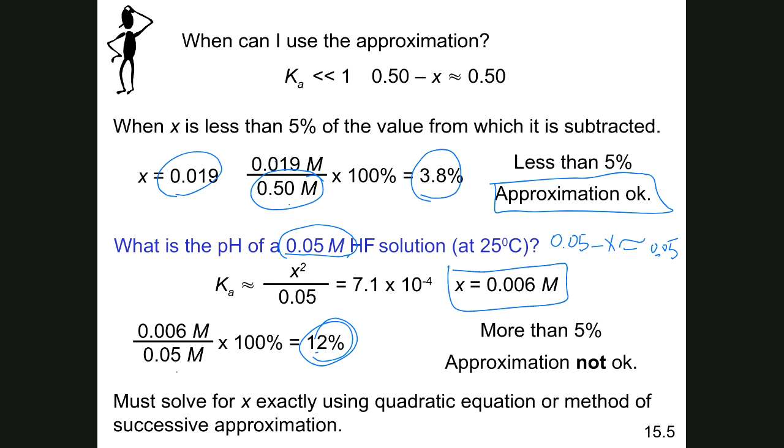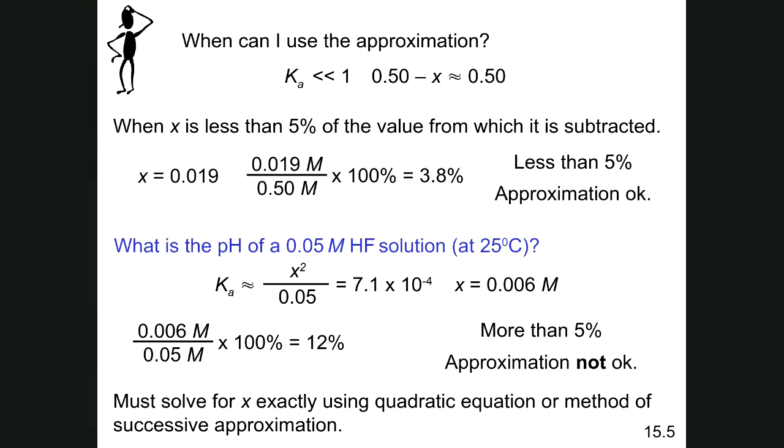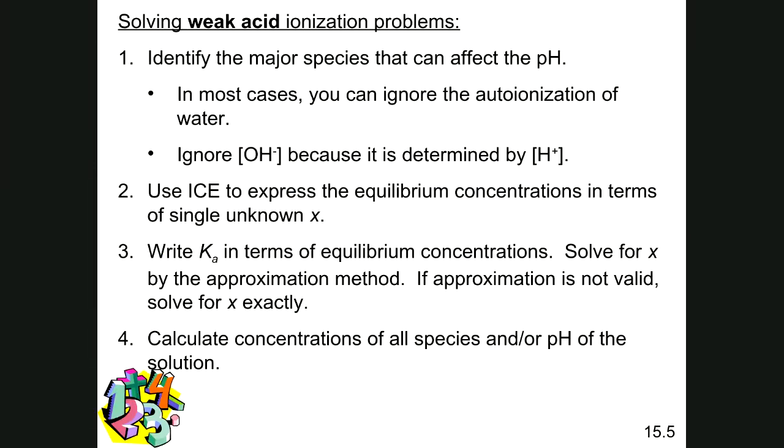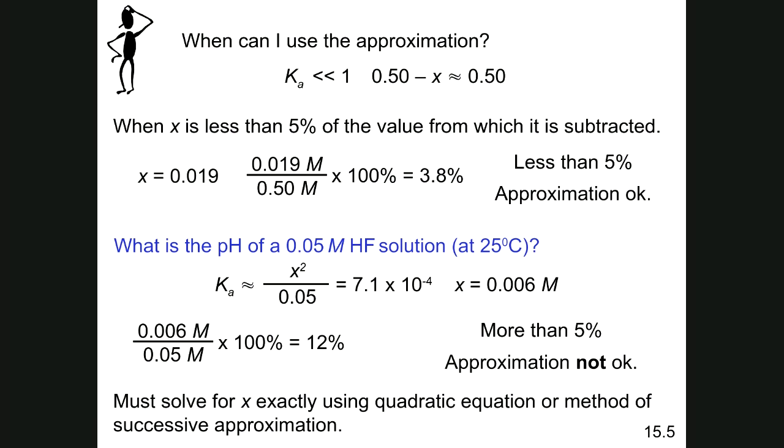And if the approximation is not okay, then you have to solve your quadratic equation. How do you solve the quadratic equation? I had one example in the previous chapter. So what you're going to do, you're going to say 0.05 minus X, X squared over 0.05 minus X equals 7.1 times 10 to this.